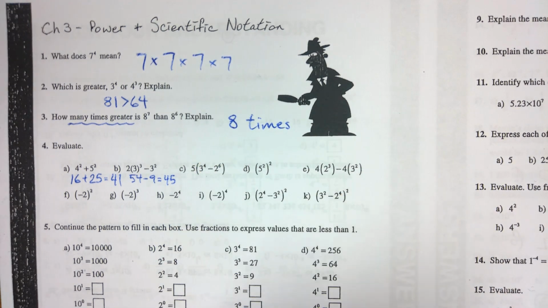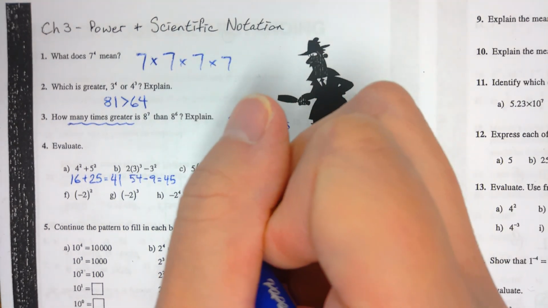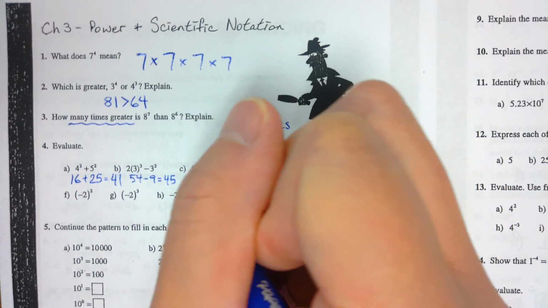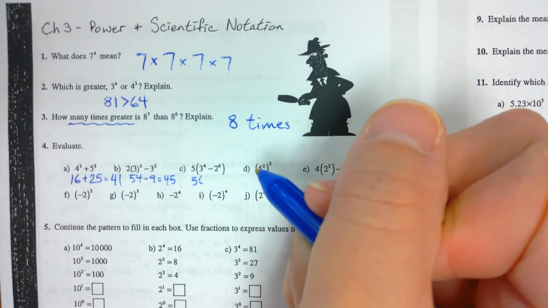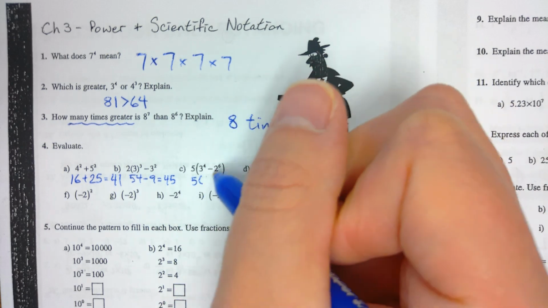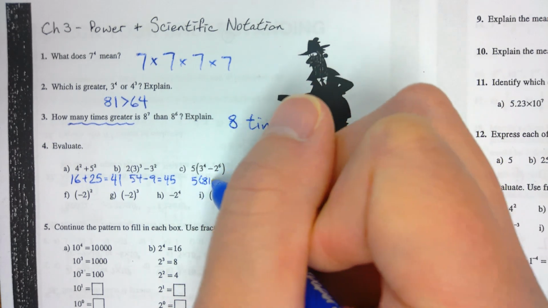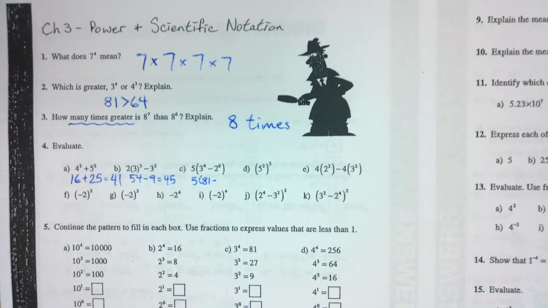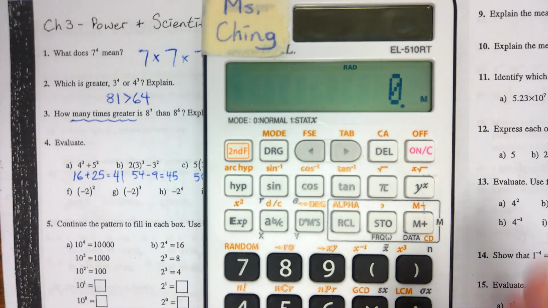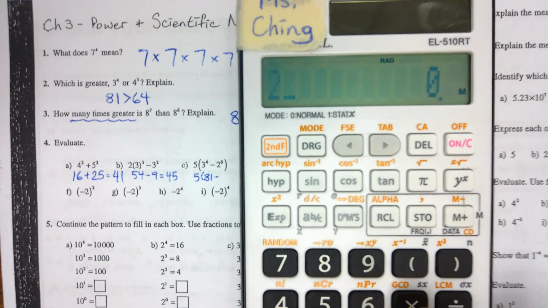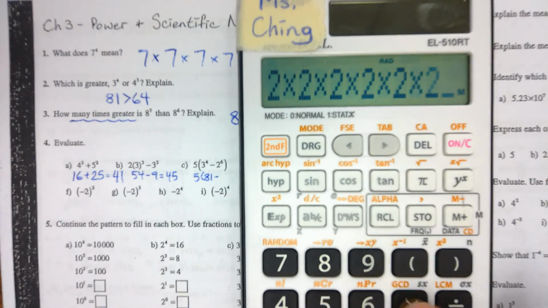This one, again, following BEDMAS, you're doing 5 times 3 to the power of 4, 81. 81 minus 2 to the 6. So 2 times, oh, by the way, on your calculator, you do have that exponent button, so you don't have to go like 2 times 2 times 2 times 2 times 2 times 2 like that.